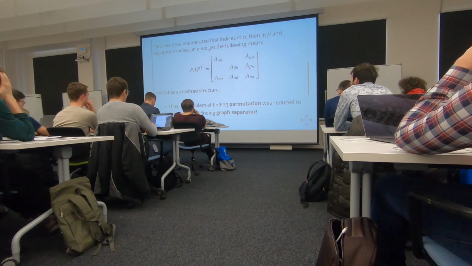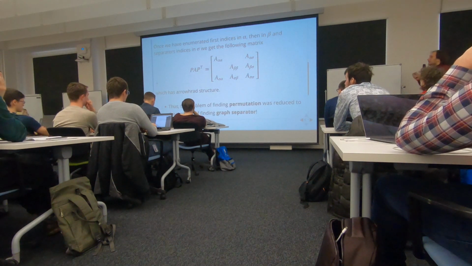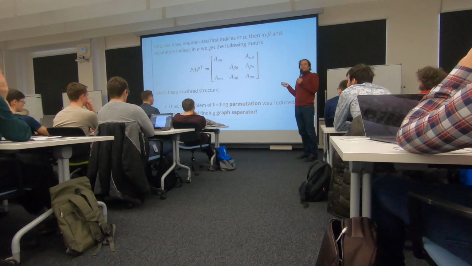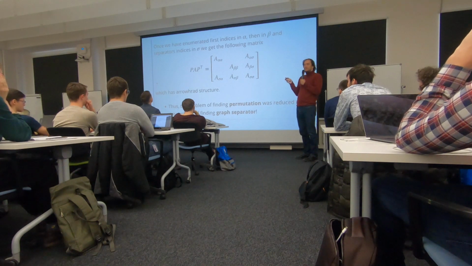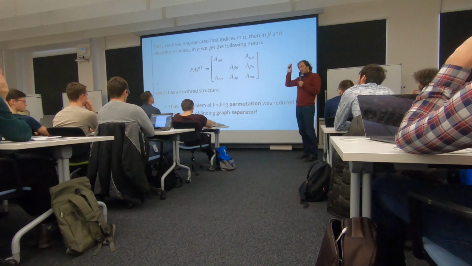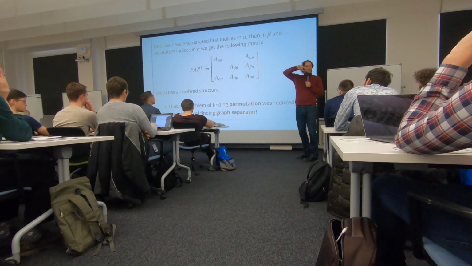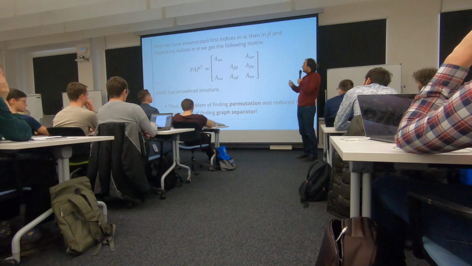So we get this kind of structure after such a permutation. But then, of course, we will need to do this procedure recursively. We will need to split the vertices corresponding to the component named alpha into two halves using another separator. This would induce another permutation, and so on.